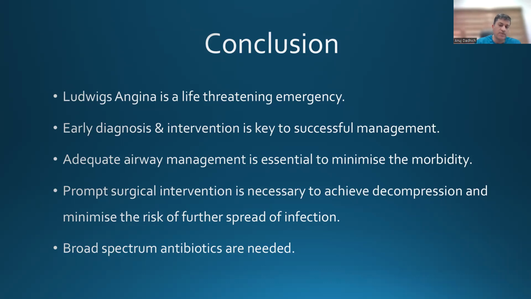Prompt surgical intervention is necessary to achieve decompression of spaces and to minimize the further risk of spread of infection. We've already seen it can spread inferiorly, it can spread superiorly, and if it spreads, it can lead to lethal and life-threatening complications. And because it's a polymicrobial disease, broad spectrum antibiotics are primarily required for successful management of these patients.